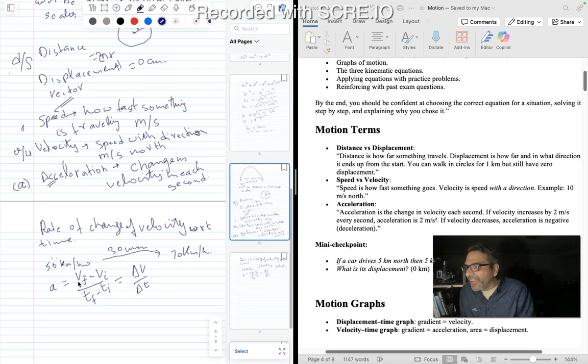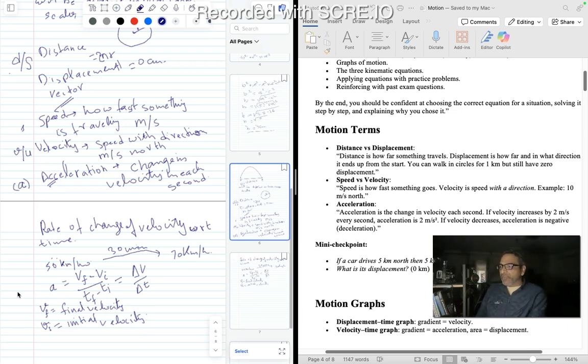No, this is not vertical and horizontal, this is final and initial. I'm writing down here. When I say vf, that is final velocity, right? When I say vi, it means initial velocity, right?